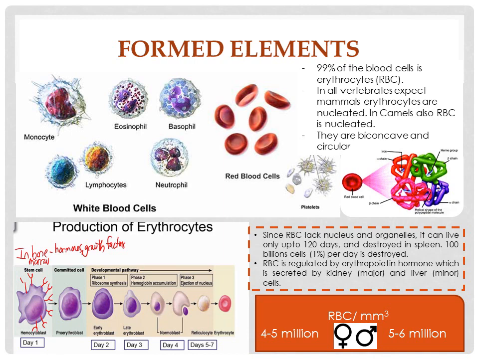First, on day 1, it starts from a stem cell. Stem cells are those cells which have the potential to become any kind of cell. In the stem cell, the hemocytoblast, on day 1 it looks like this.